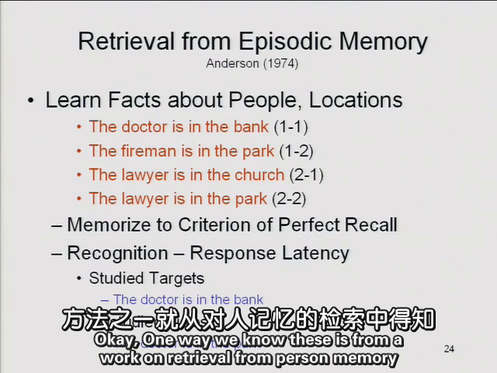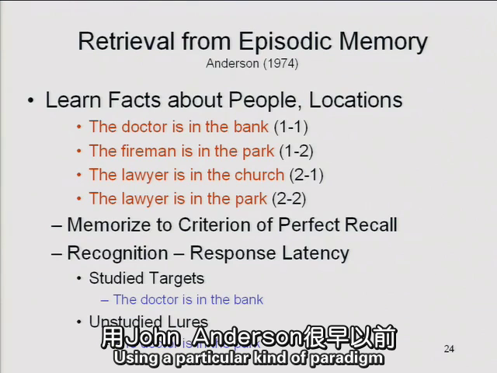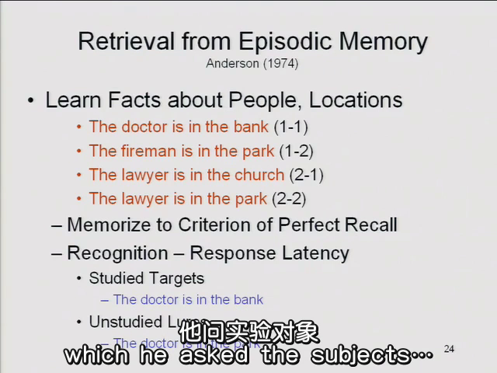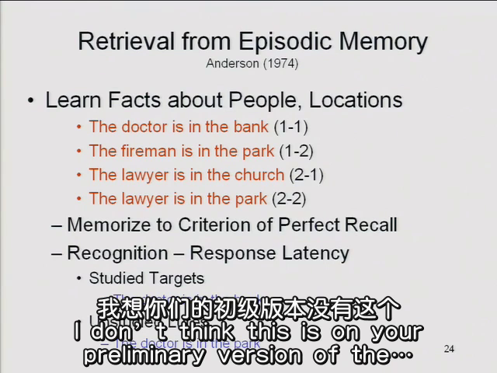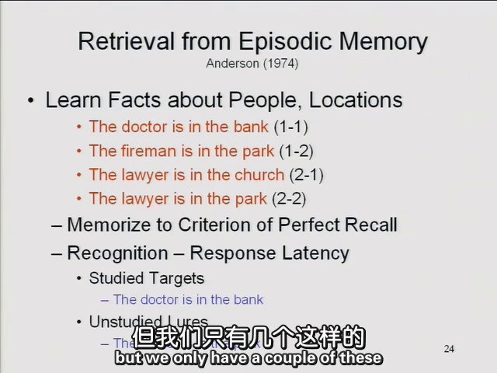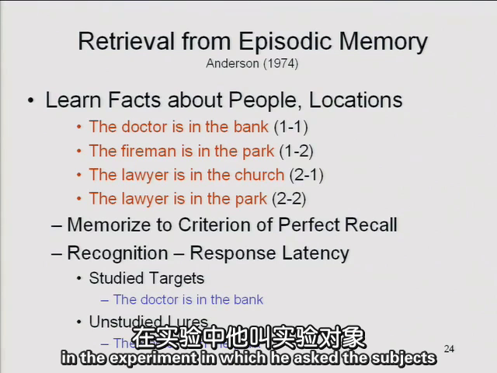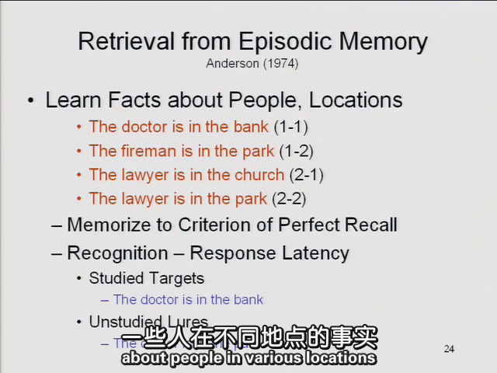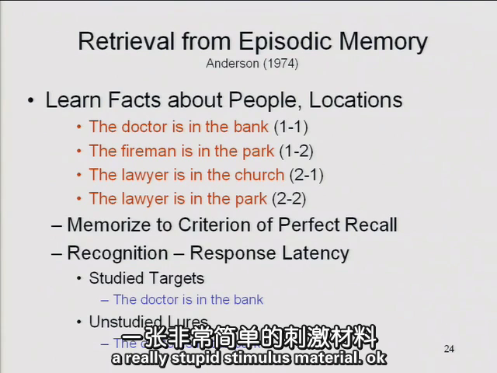Well, one way we know this is from the work on retrieval from person memory using a particular kind of paradigm first introduced by John Anderson a long time ago, in an experiment in which he asked the subjects simply to learn a set of simple declarative facts about people in various locations. Really stupid stimulus materials.